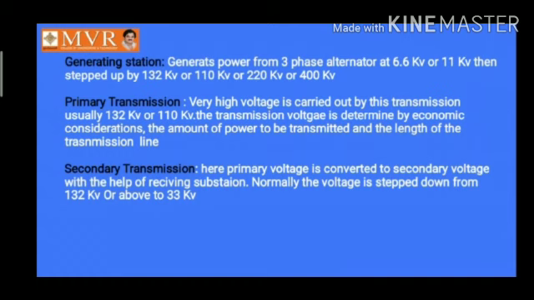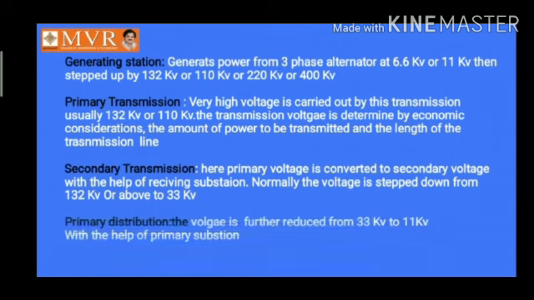Next, secondary transmission. Here we convert the voltage with the help of the receiving substation. Normally, voltage is stepped down from 132 kV to 33 kV.